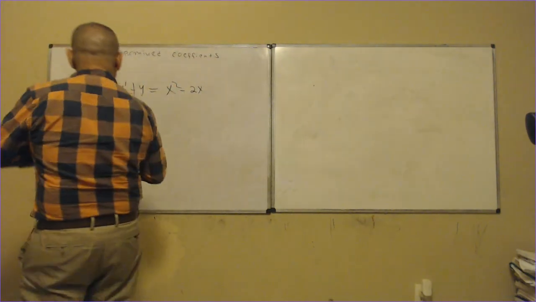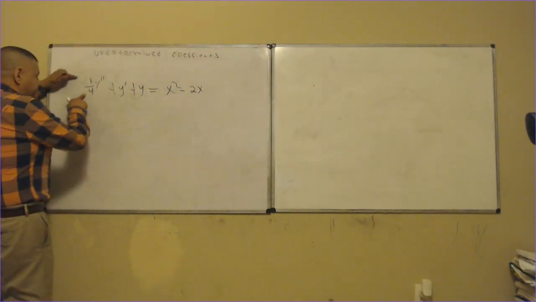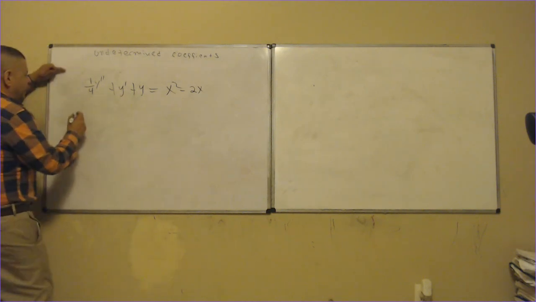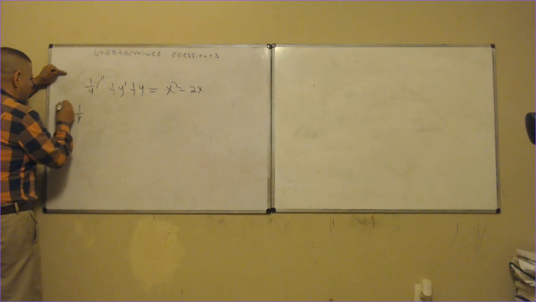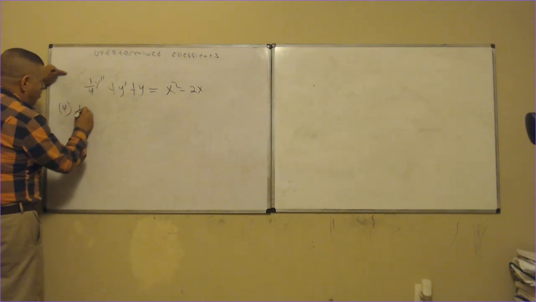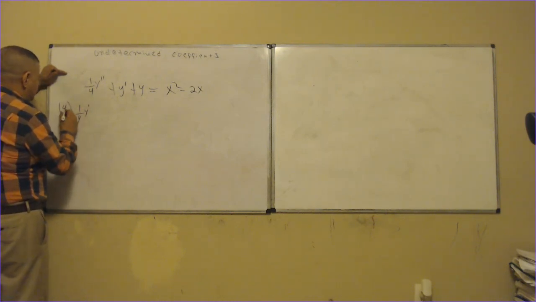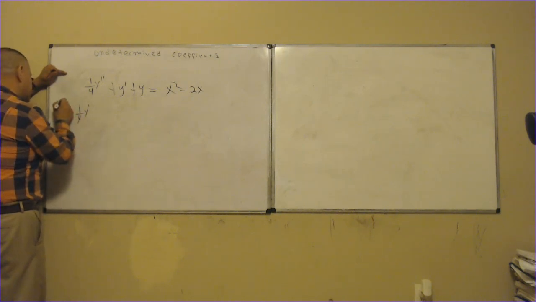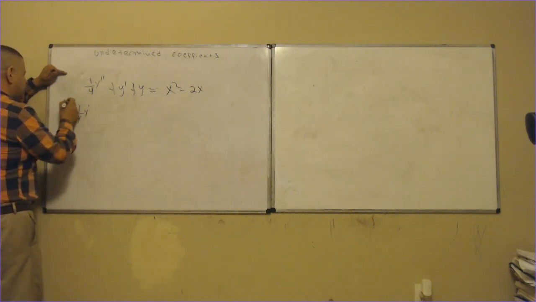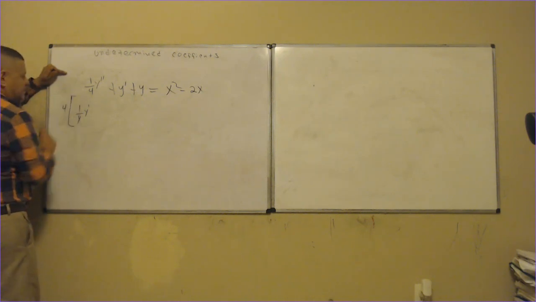So how do I get rid of that 1/4? I need to multiply everything by 4. I can just do it like this.